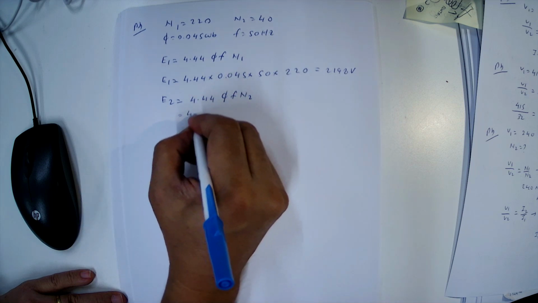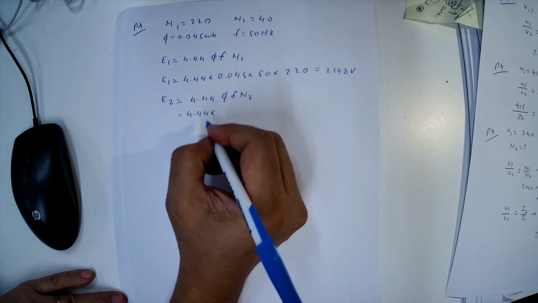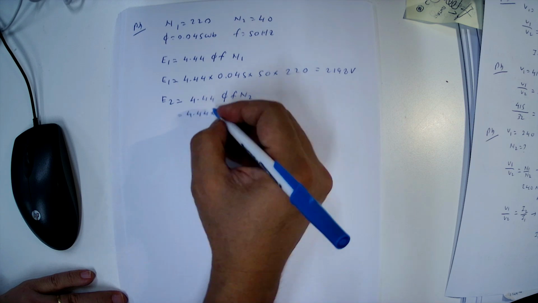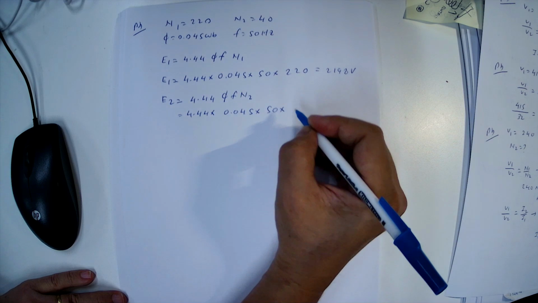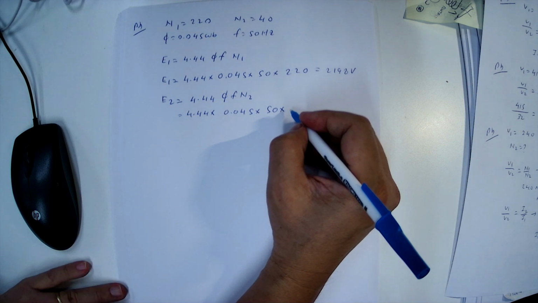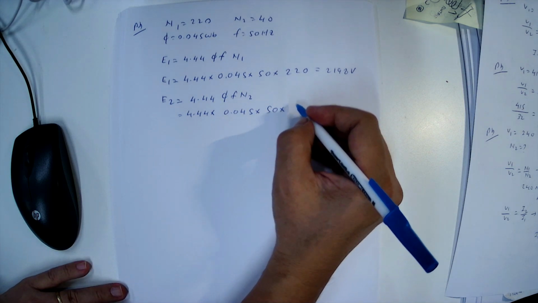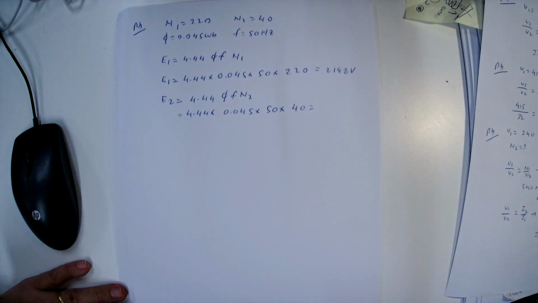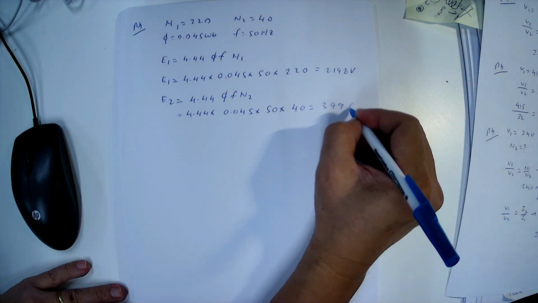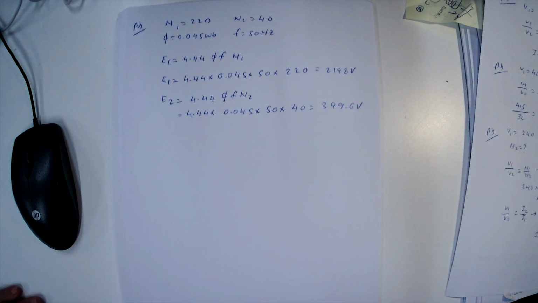So 4.44, flux is 0.045, frequency 50, and number of turns is given as 40 turns. So then we can calculate 399.64. E2 equal to 399.64 we got.